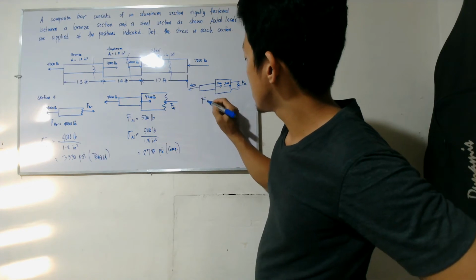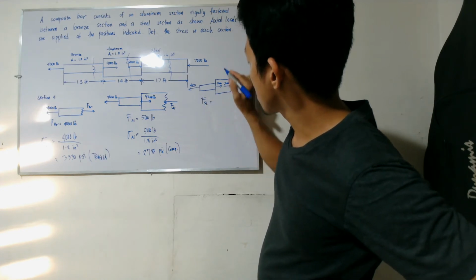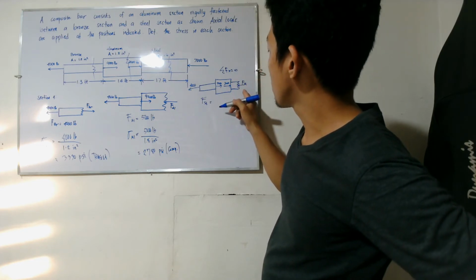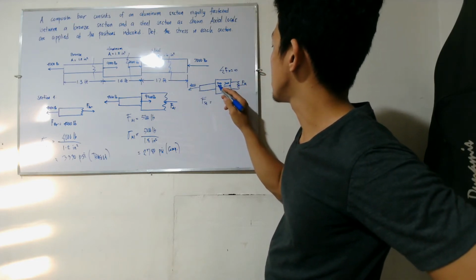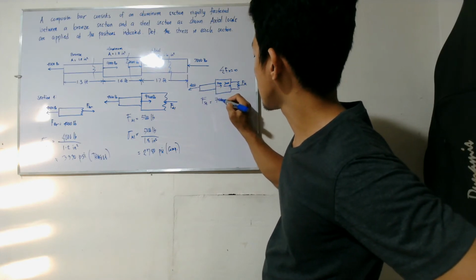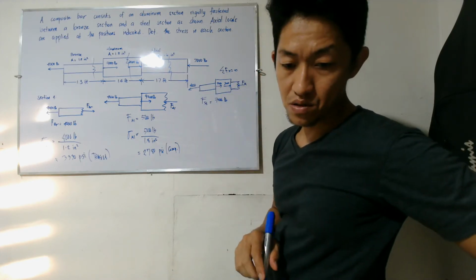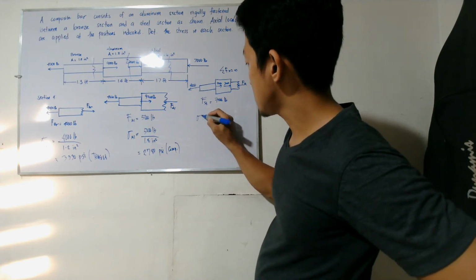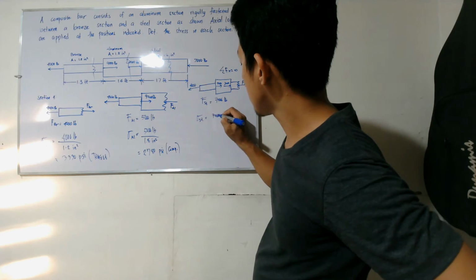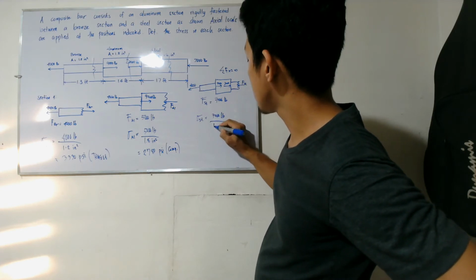If we take the summation of forces along X, we get that it is also to the left. So 11,000 minus 4,000 is 7,000 pounds. So the stress in the steel is 7,000 divided by 1.6.